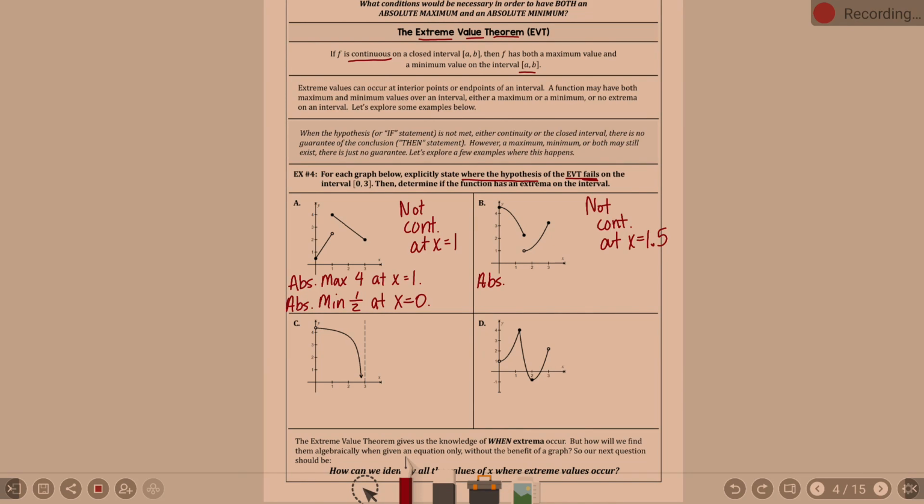Absolute max at 0, 4.5. So absolute max of 4.5 at x equals 0. Yes? Because we have our lovely little endpoint there.